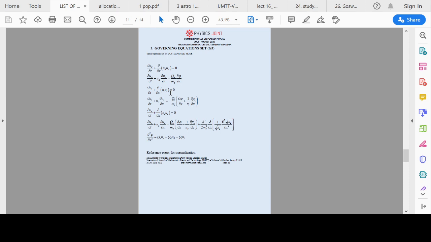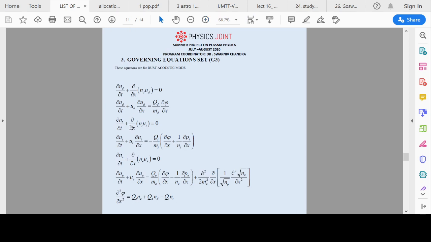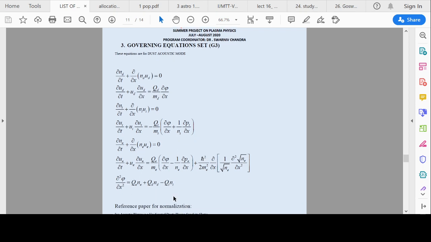You can also have an option, if you are thinking that you can choose your own problem, or improvise it, you can just eliminate these two ion equations, so that becomes a dust acoustic mode, where this ion term won't be there. Okay, provided this charge would then be opposite to electron charge. This is electron charge. If it is minus e for electron charge, it should be some plus Zd e.